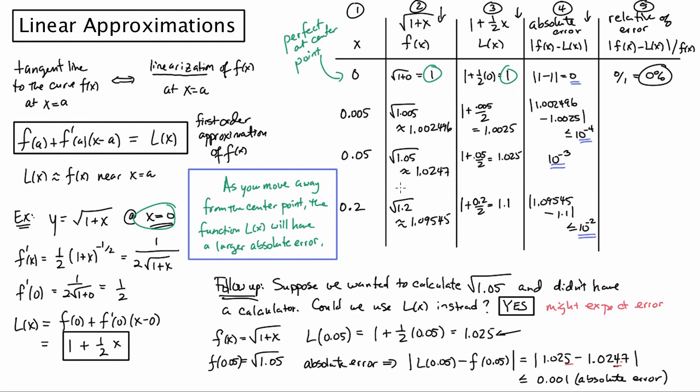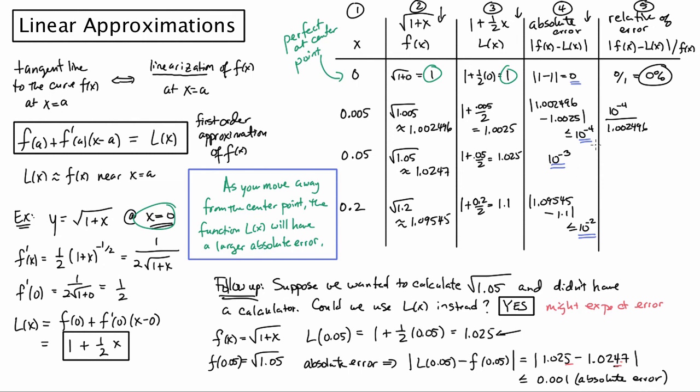For this next one, we get 10 to the negative 4th divided by 1.002496.